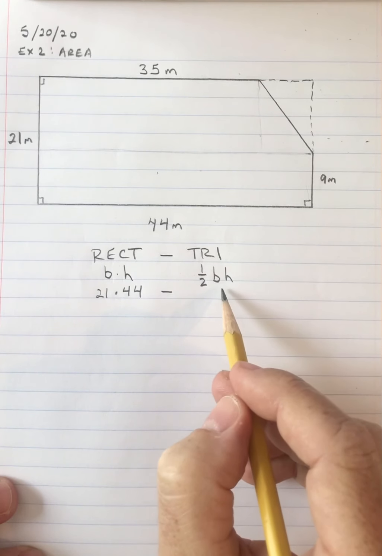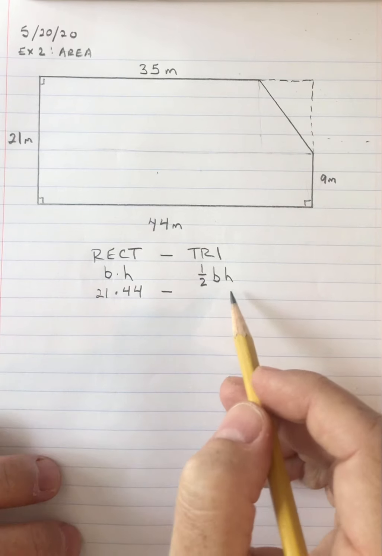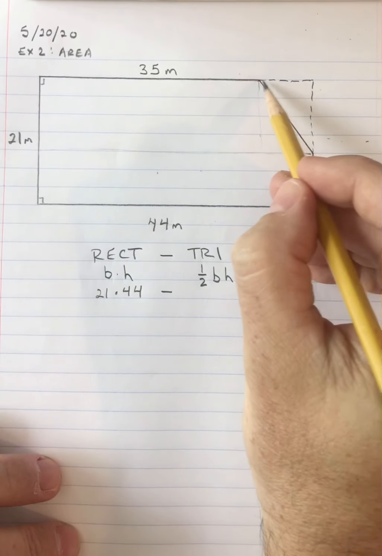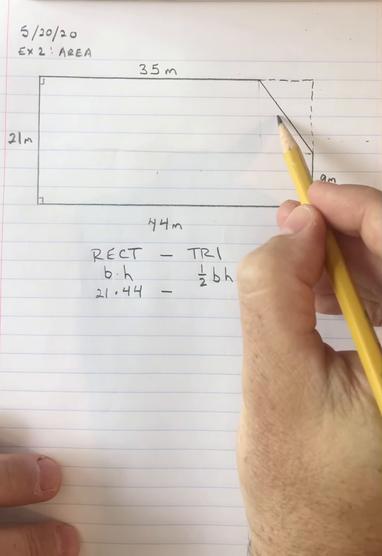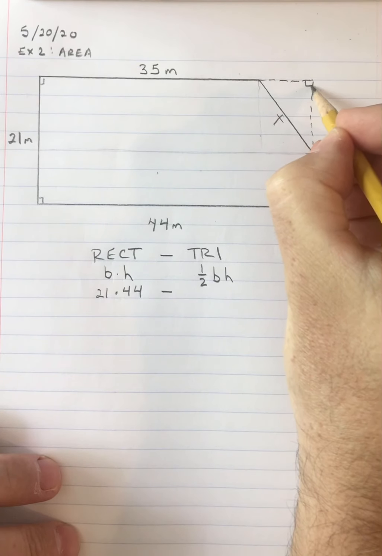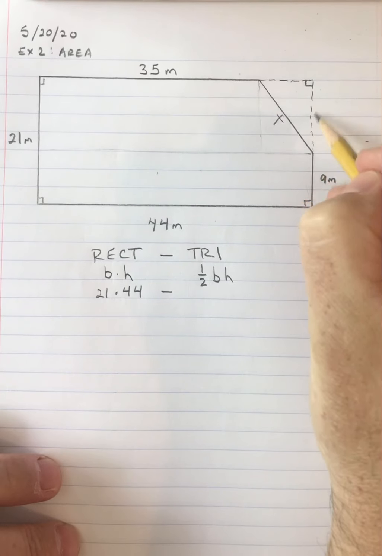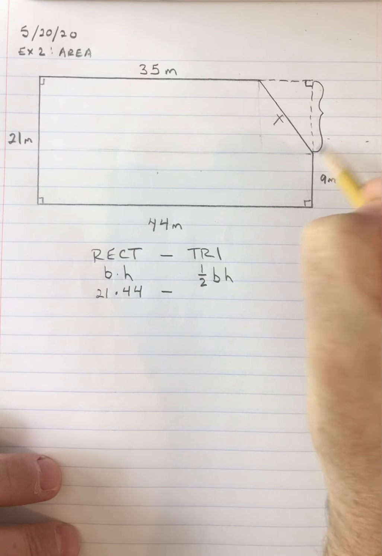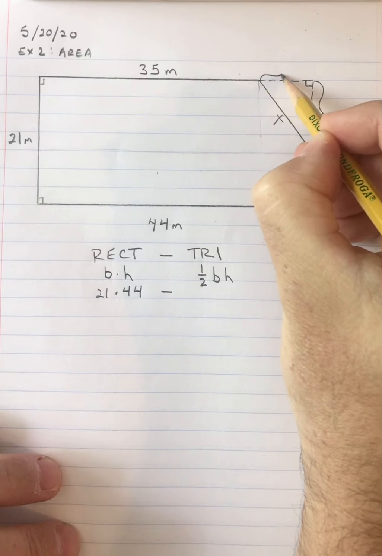And this triangle, the base and the height. Okay, so this is a little trickier. I've got to figure out what these sides are. I don't need this because that's not the base or the height. The base and the height are always perpendicular. So I need this side right here, and I need this side right here.